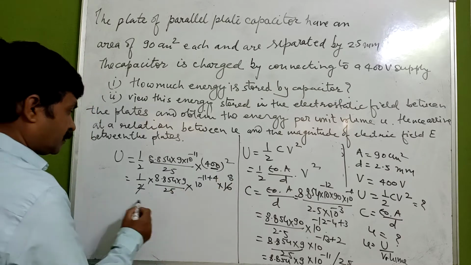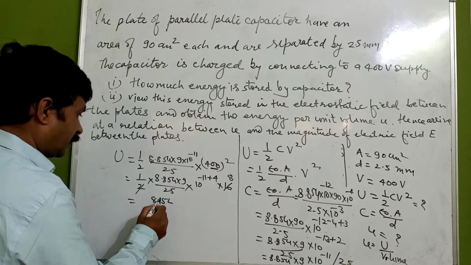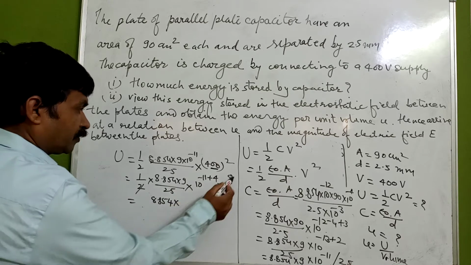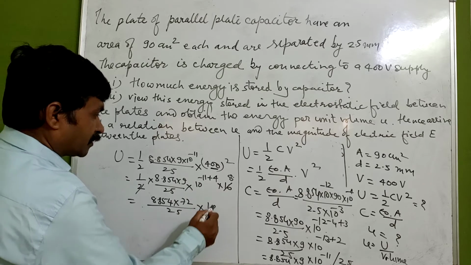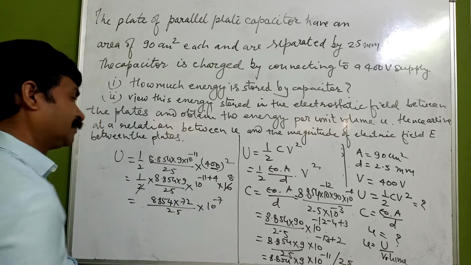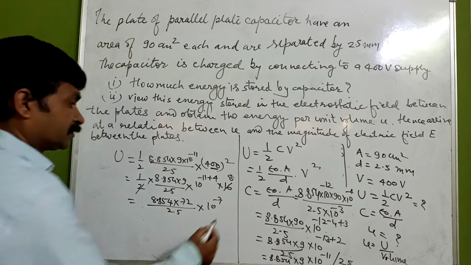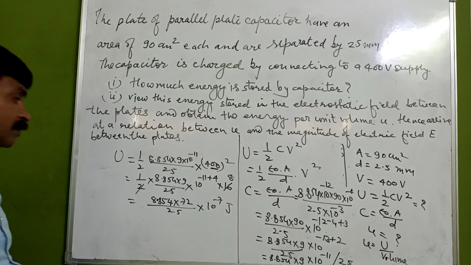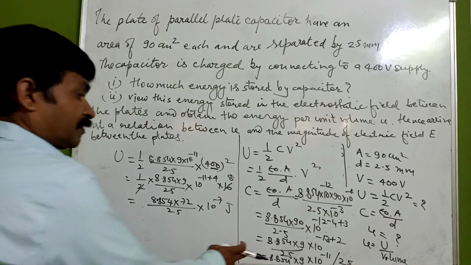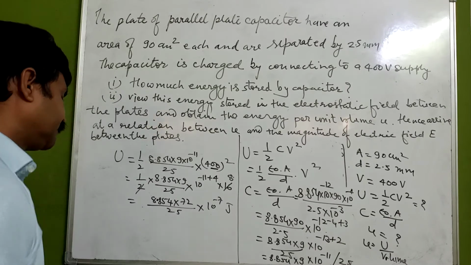Okay, so it is 8.854 into 8 nines are 72 upon 25 into 10 raised to the power minus 7. Okay, this much joule energy which we need to have. Now we have to calculate that energy. Here we have got the capacitance, here we have got the energy.